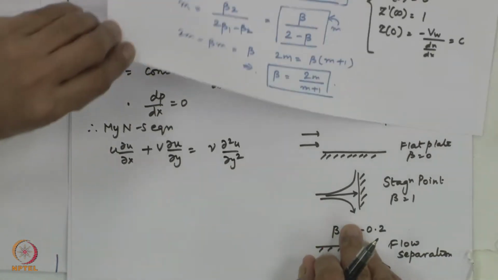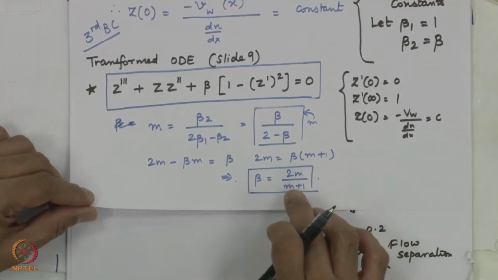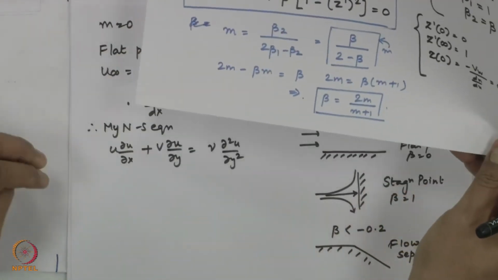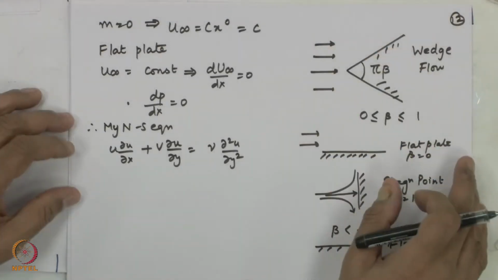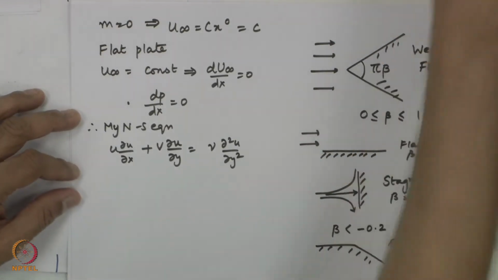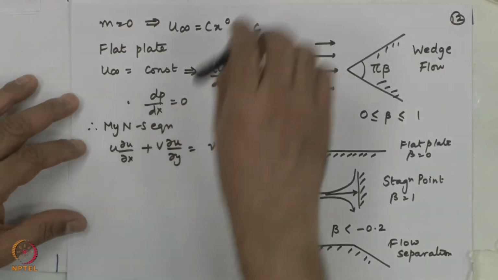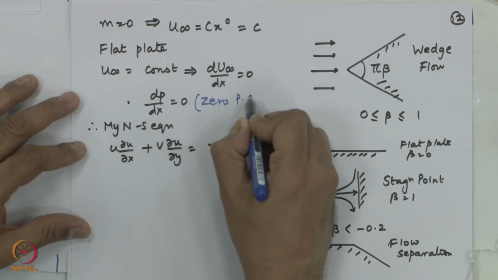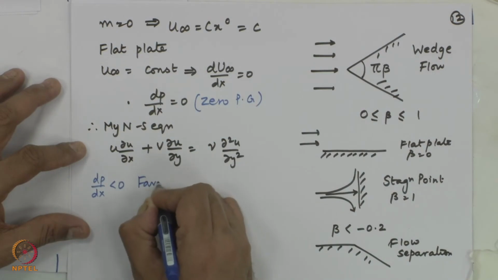Or if I put this beta as 2m over m plus 1, when m is equal to 0, you get the case of a flat plate, and your ordinary differential equation would transform to something more simple. So, dp by dx equal to 0 is flat plate, zero pressure gradient. dp by dx less than 0 is favorable pressure gradient.